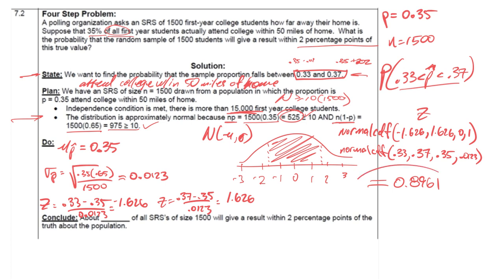Okay. There you go. So let's round now. Imagine you're reading a report to non-mathematicians that don't care about 3 significant figures. This is just for this exercise. 90% of all the simple random samples of size 1,500 will result within 2 percentage points of the true population proportion.